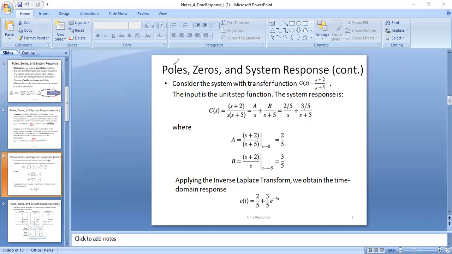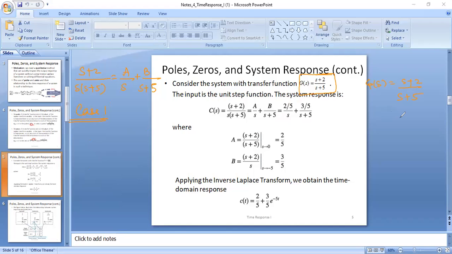Okay. Let's do it. Here, how will you do? S plus 2 upon S, S plus 5. You will say A upon S plus B upon S plus 5. Yeah, but a step function means 1 over S, right? Yes. This is your G of S. G of S is S plus 2 upon S plus 5.